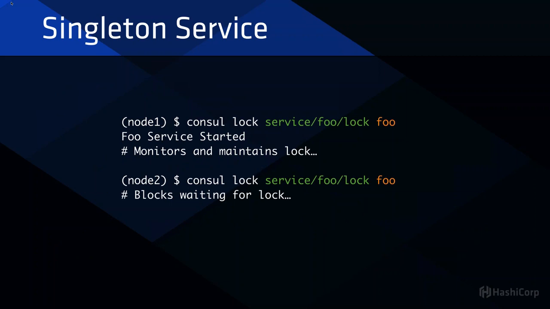And it'll manage monitoring and registering a session for that lock to detect when things fail. So we see in this example, node 1 runs the service, and it maintains the lock in the background. And then node 2 is our standby. Consul lock, in this case, is waiting to get the lock before it executes the foo process.